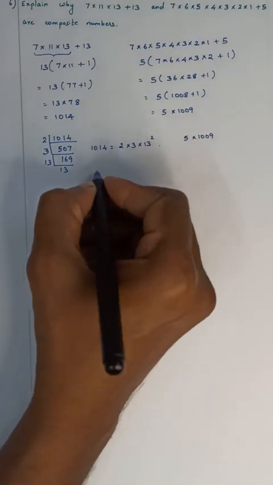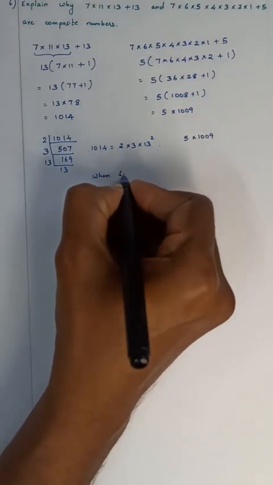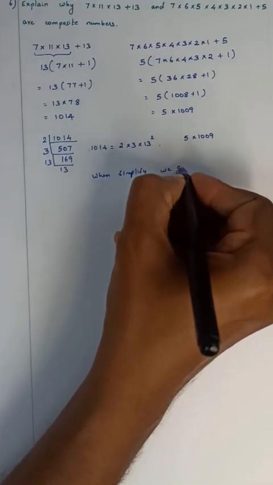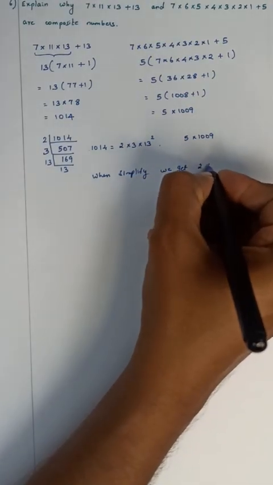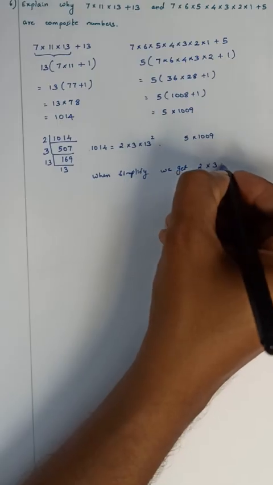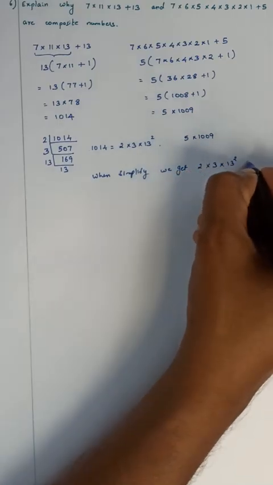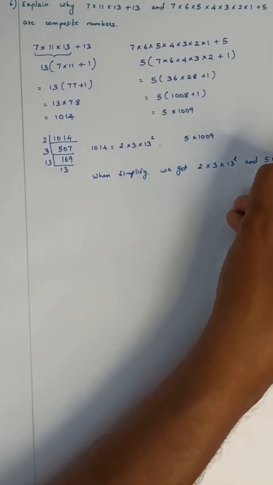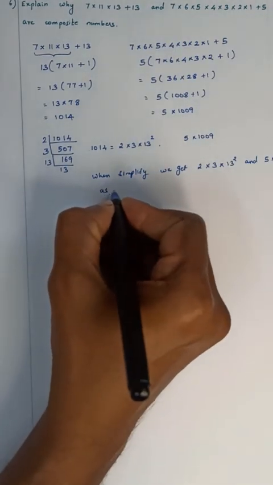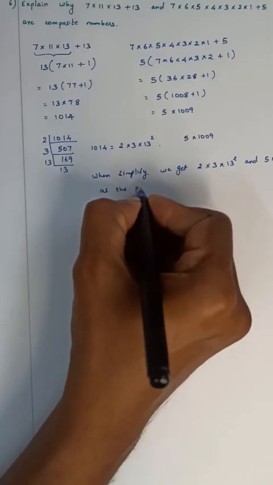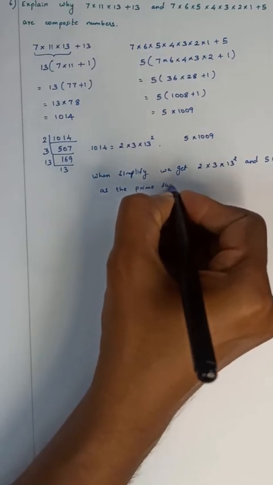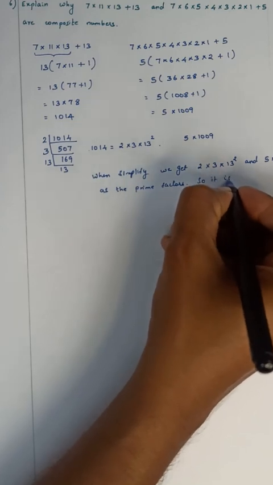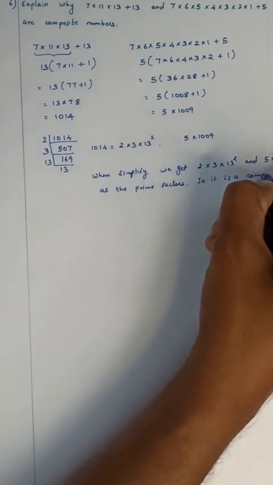So when we simplify, we get 2 into 3 into 13 square and 5 into 1009 as the prime factors. So it is a composite number.